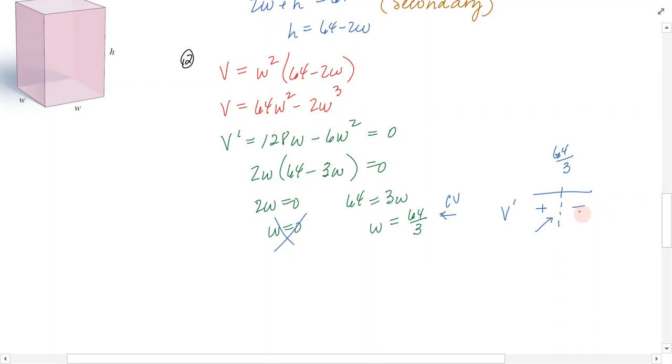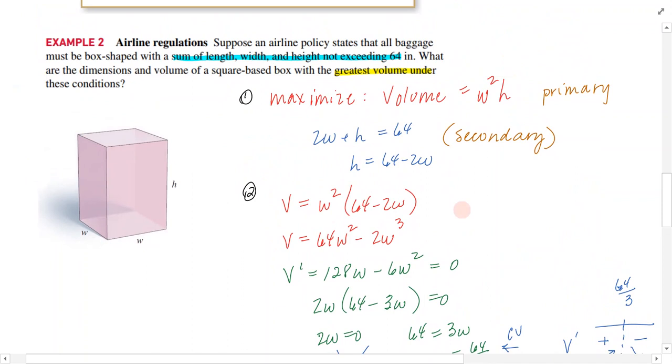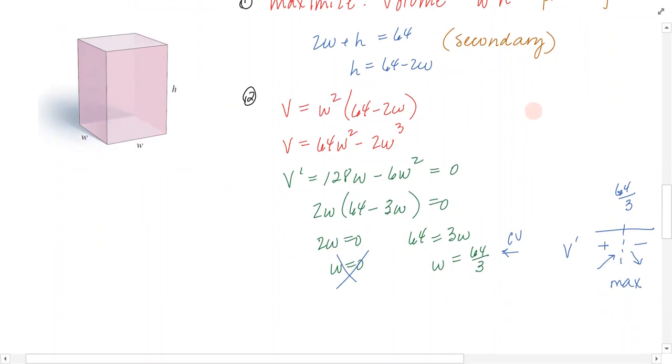So we would be increasing on the left, decreasing on the right, and therefore by the first derivative test, we are able to identify that yes, this 64 thirds is indeed a maximum value. So what do we do with that? Remember, the question here says, what are the dimensions that are going to give me a maximum volume? So we're looking for both dimensions as well as the total volume.